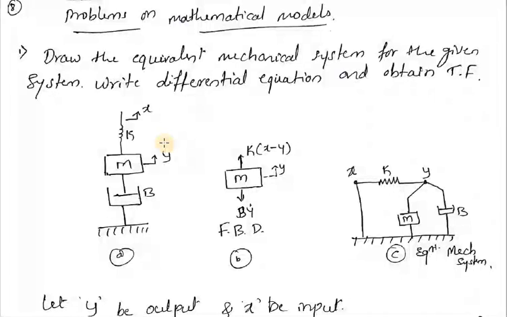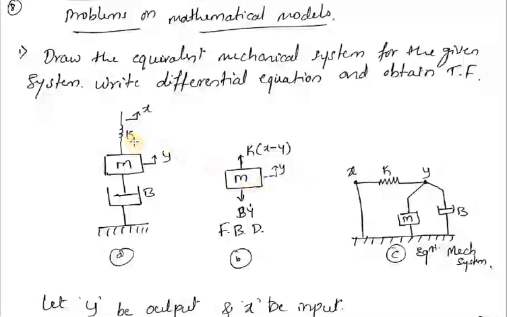So before moving further, first you need to draw the free body diagram. You always have to draw the free body diagram for the given masses. So in this given system you have only one mass. First draw that m and try to analyze which forces are acting on this mass m.